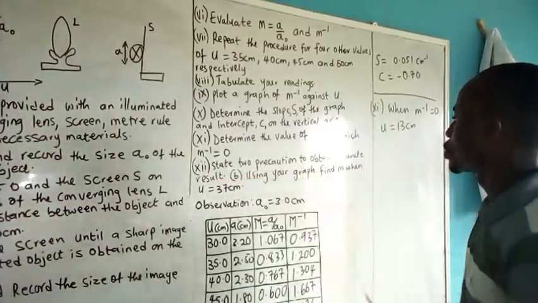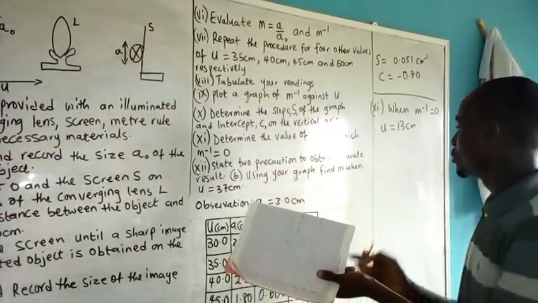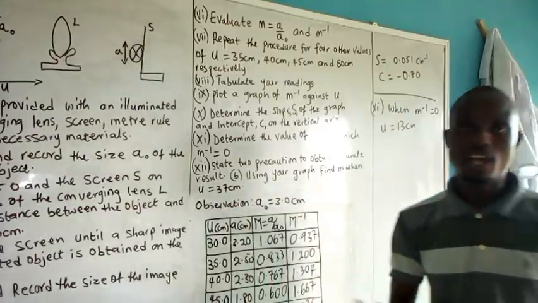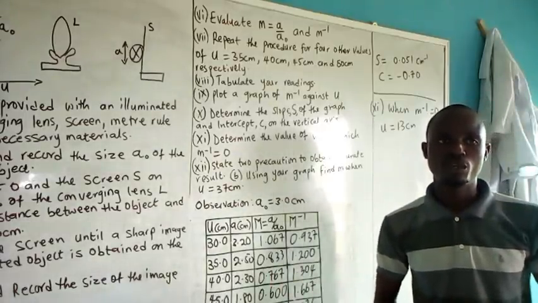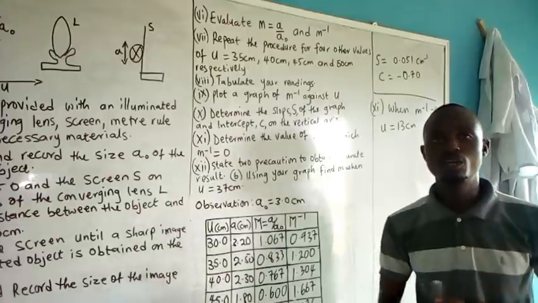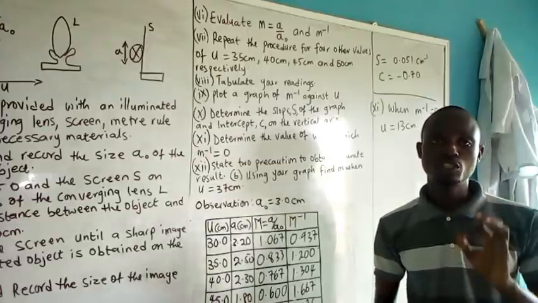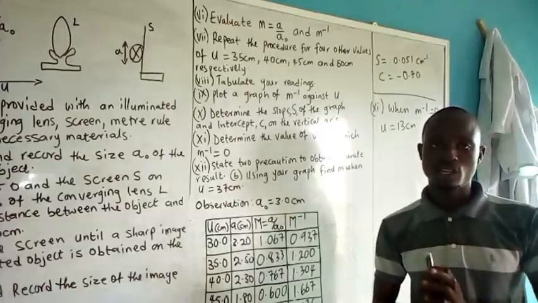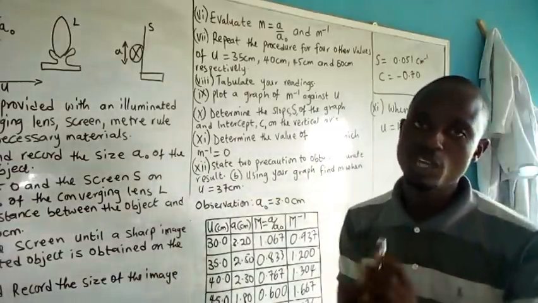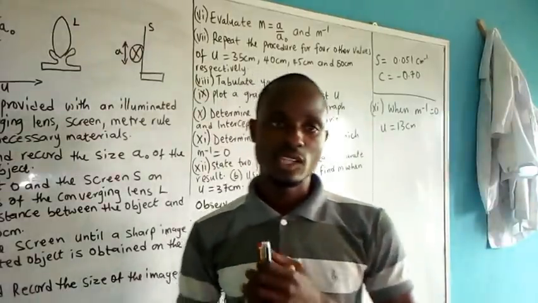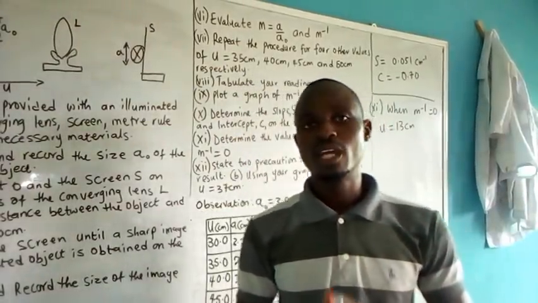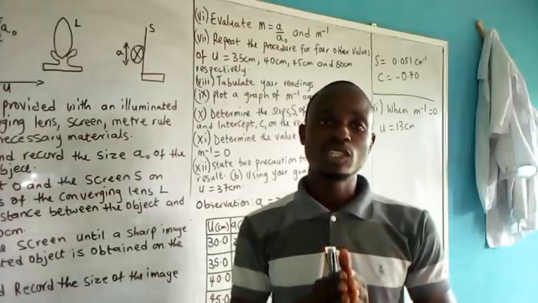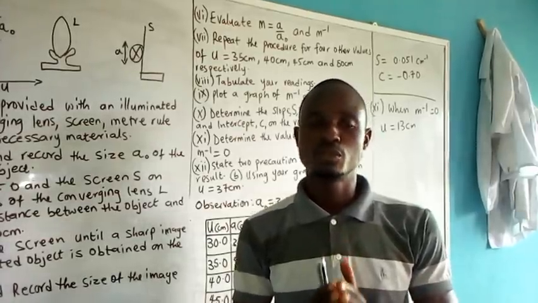Then state 2 precautions to obtain accurate results. Actually, I avoided parallax error in making use of the meter rule. You have to name the instrument of which you avoid the parallax error. So when making use of the meter rule, I avoid parallax error. Then I ensure that the source of light or the ray of light is focused on the lens properly.